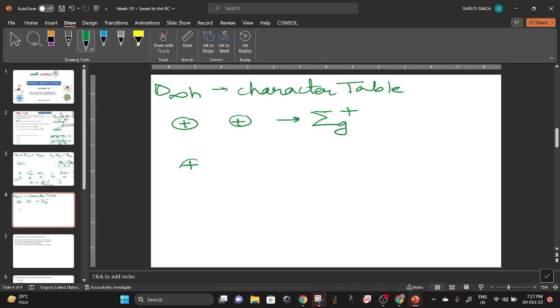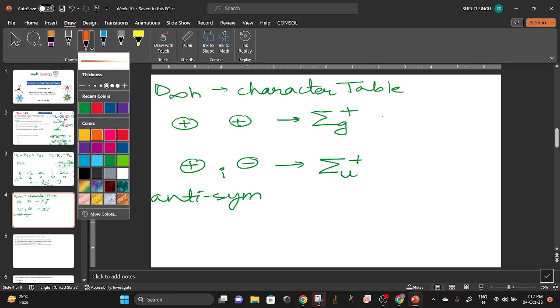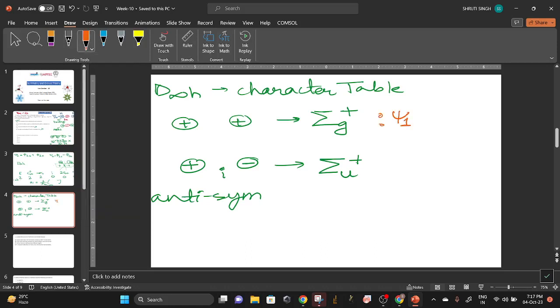And this plus minus combination is antisymmetric with respect to I only, so instead of g, it will be u. Since it is antisymmetric, this will change to u. So this was our psi1. Psi1 has sigma g plus and psi2 has sigma u plus.